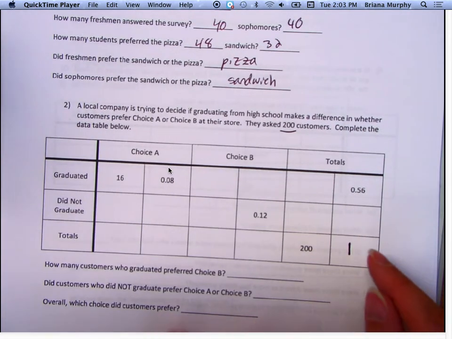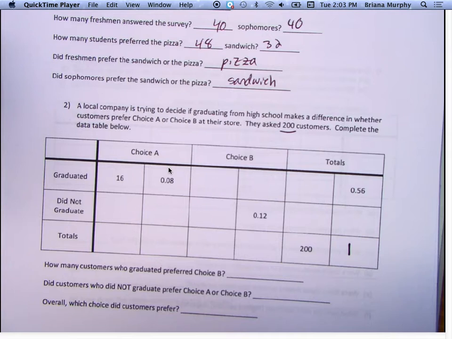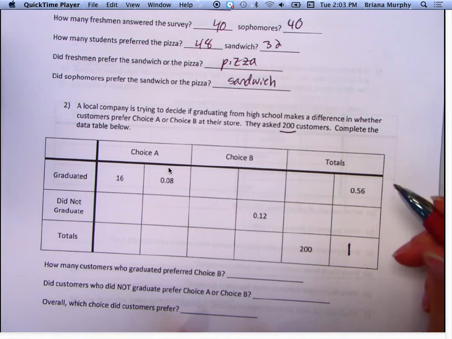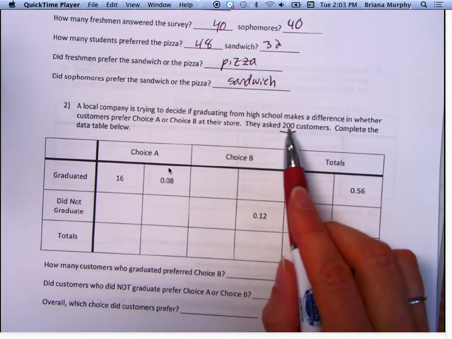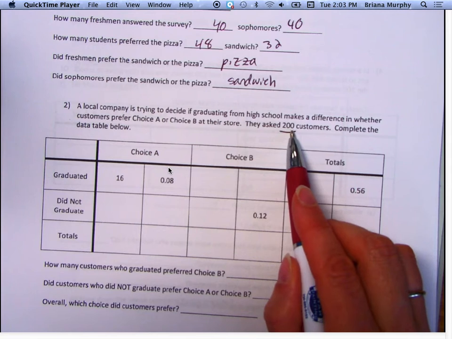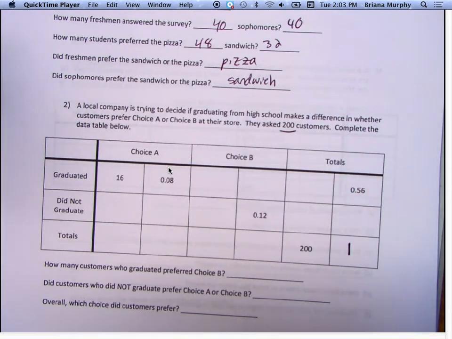Oh, I see. We always have to get 100%, right? If 200 people were surveyed, we have to get 100%. Okay, so they asked 200 customers. So if a total of 200 customers were surveyed, 100% of the 200 were surveyed. What percent of 200 is 200? It's 100%.